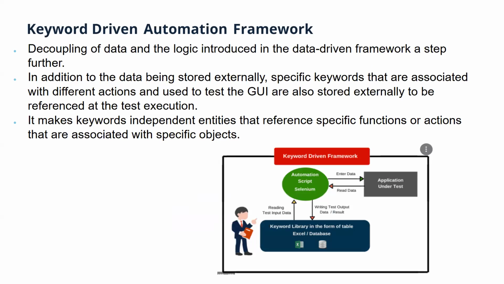Within your programming language code, within your automation script, you can build keywords like click, type, enter, close, maximize window, minimize window. You can define what these keywords should do. You write code to click on a button and map it to the keyword click. As soon as you call the keyword click in your script, it automatically clicks the button available in the script.